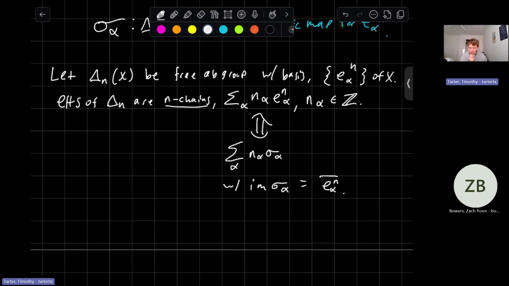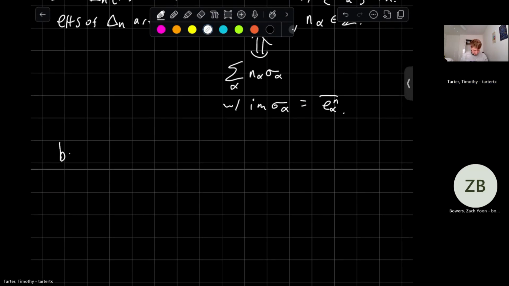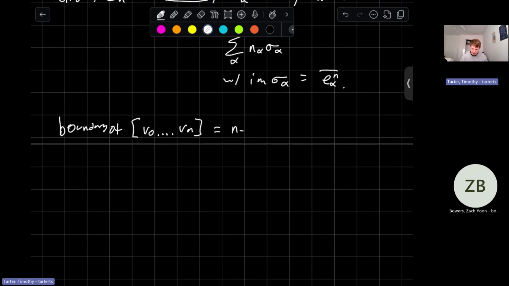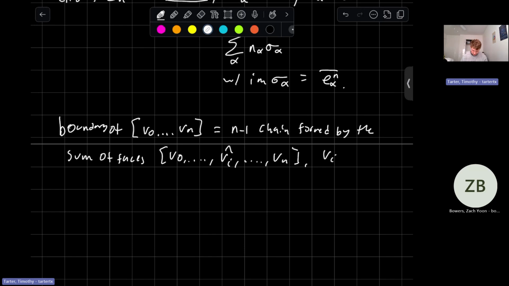In terms of chains, we might then wish to say that the boundary of v0 through vn is the n minus 1 chain formed by the sum of faces v0 to vn, where vi hat denotes delta alpha n set minus vi.